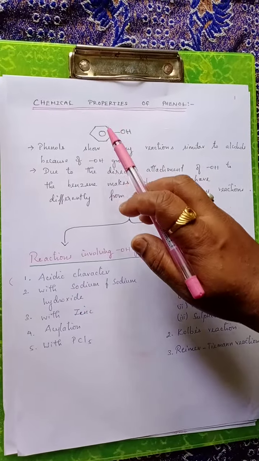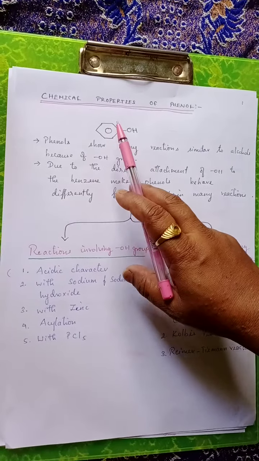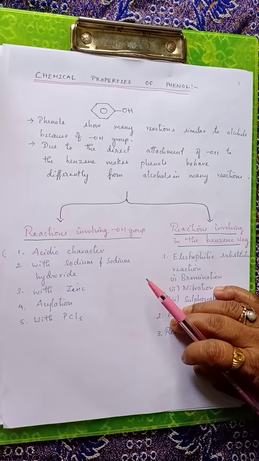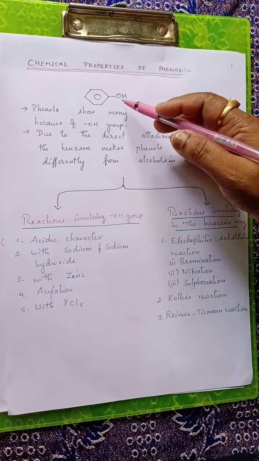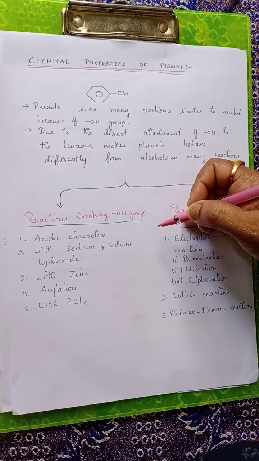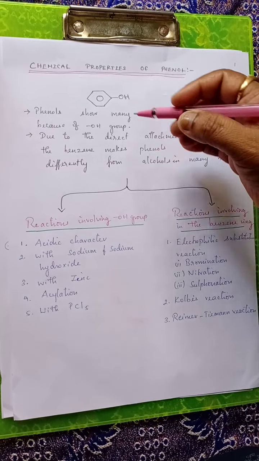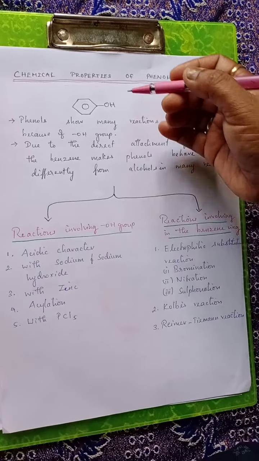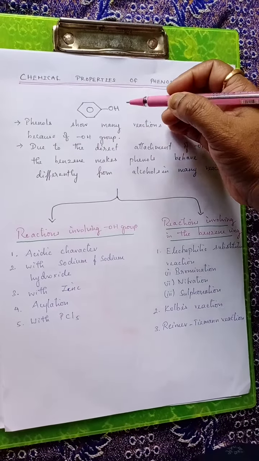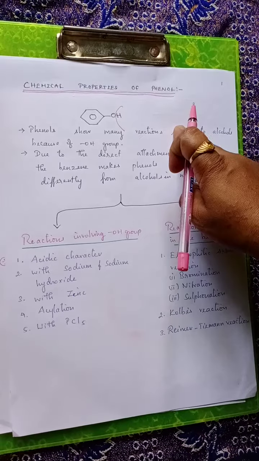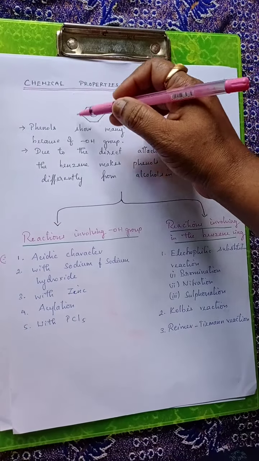But still it behaves differently from alcohol, because of the direct attachment of OH with the benzene ring. What we have seen in alkyl alcohol, cleavage takes place. Over here it's not a cleavage but the replacement of the H from the OH or the H from the benzene ring.